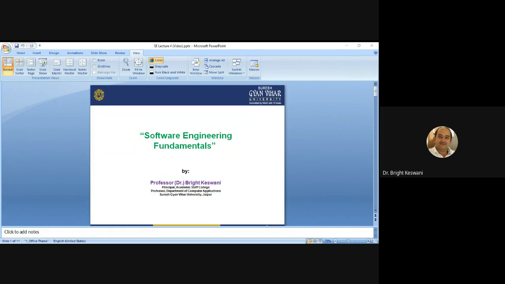Why faster? When you work in a fast manner, you can save money. So if you want to produce cheaper, quality software, you should adopt a proper software lifecycle model.